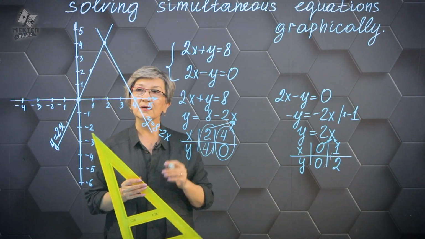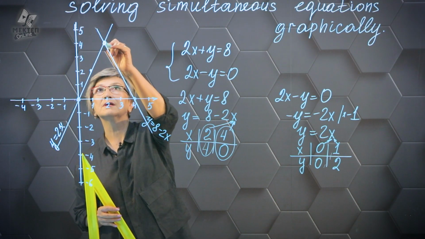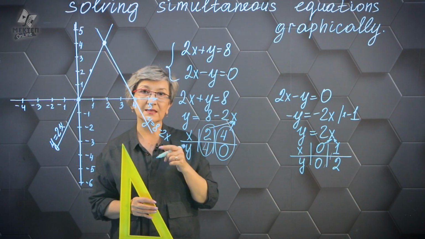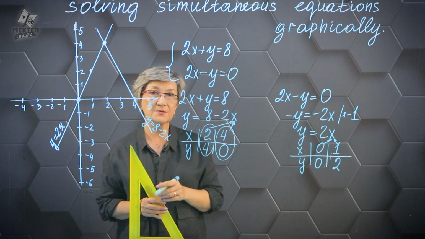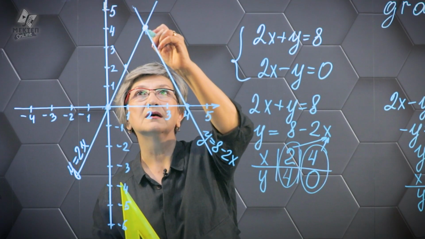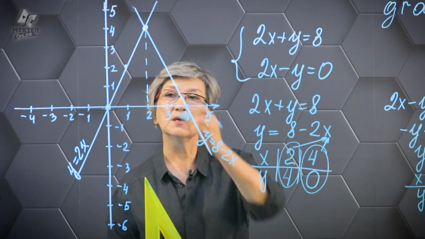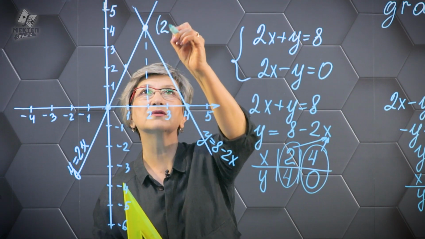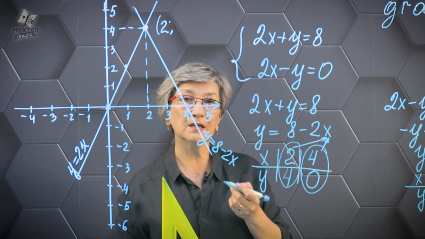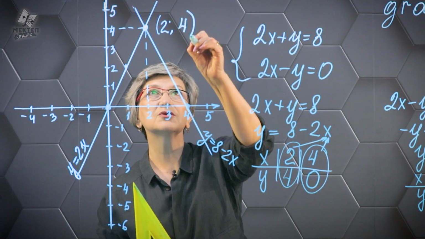And we see that the graphs of these functions intersect at some point. The coordinates of this point will be the solution to our equation system. We must find the coordinates. We extend a perpendicular to the x-axis. The x-coordinate is 2. Then we go to the y-axis to find the coordinate of this point, and it is 4.